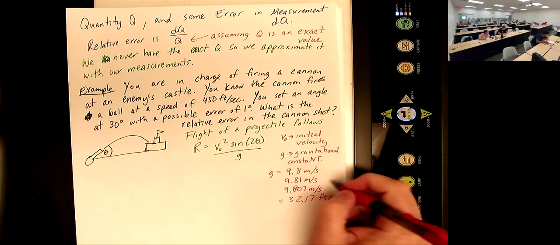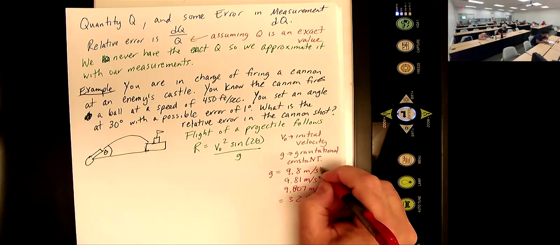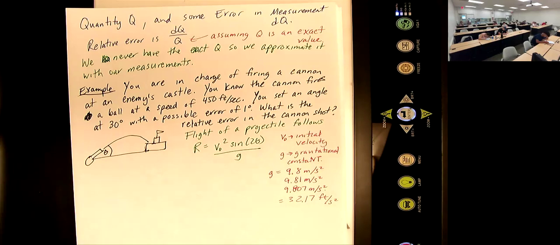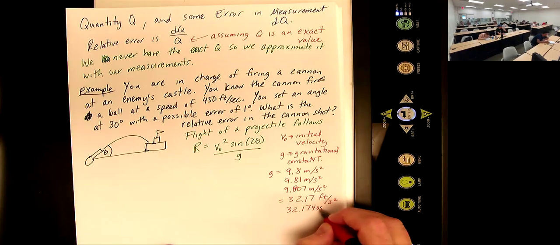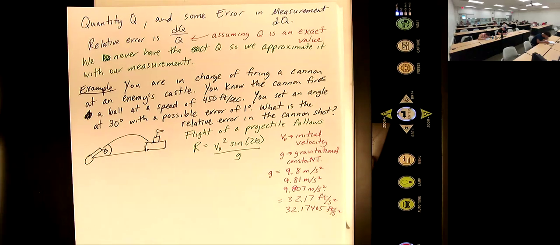And these are per second squared too. In fact, I even have it written down to more decimal places in my notes, 17405, if you want to get down deep.